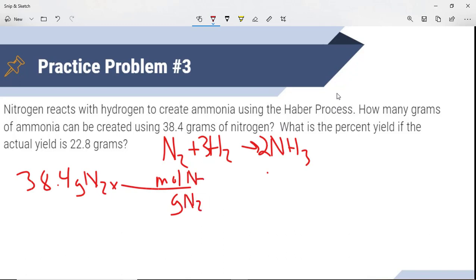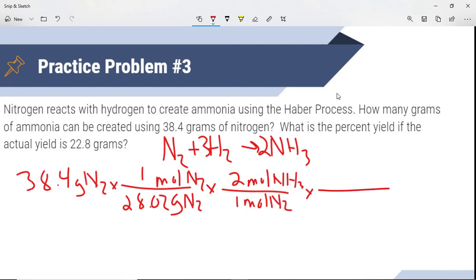Grams of nitrogen to moles of nitrogen. Remember that is a diatom, so you need to multiply your molar mass of nitrogen twice. Two moles of NH3. And again, we want our grams of ammonia.